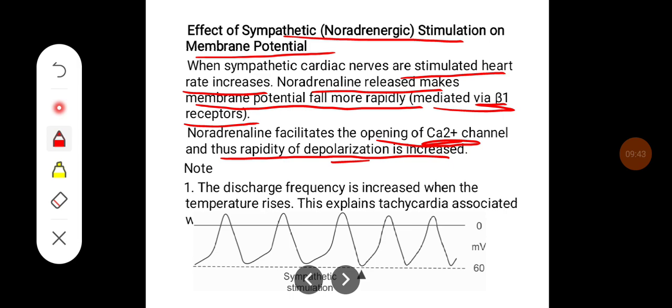It rapidly increases the depolarization phase. Note that discharge frequency is increased when the temperature rises, and this explains the tachycardia associated with fever. Here you can see that with the sympathetic stimulation, the distance between two pacemaker potentials decreases because of the rapid depolarization.